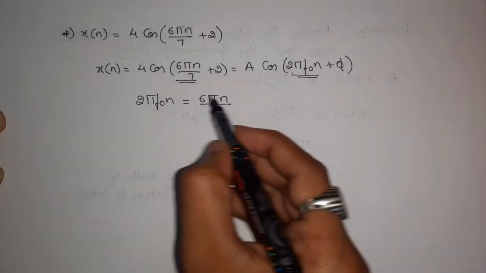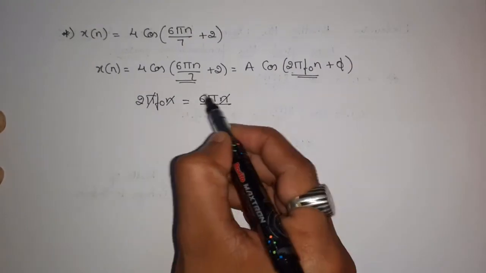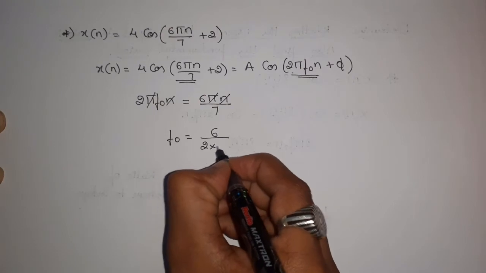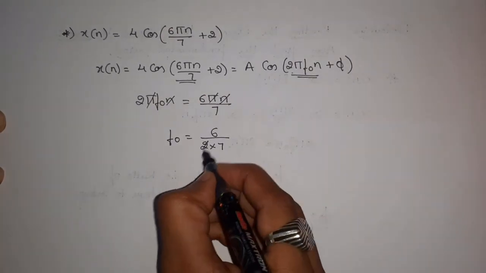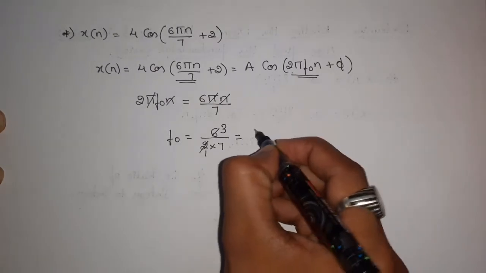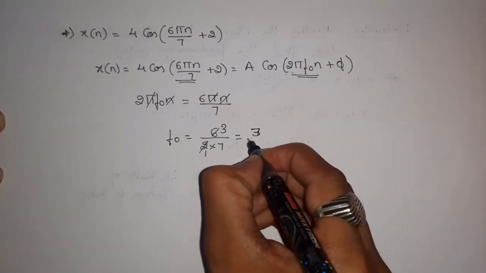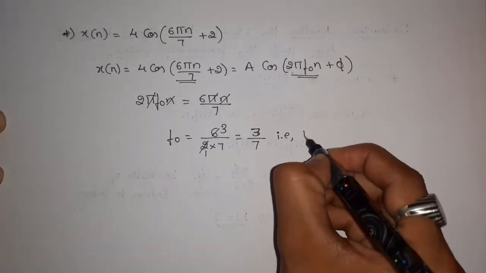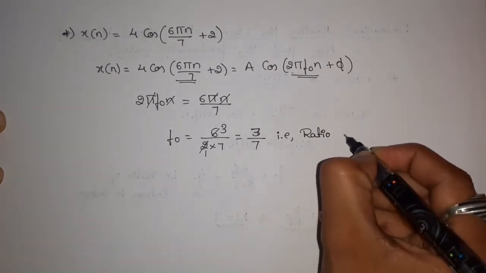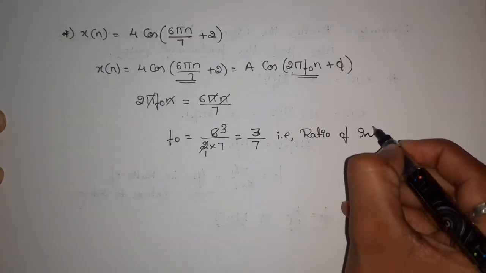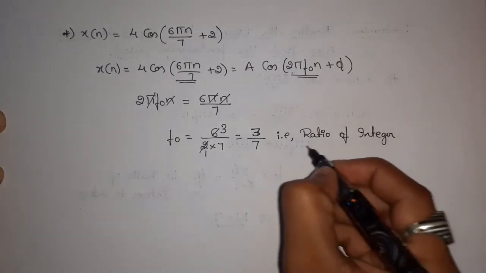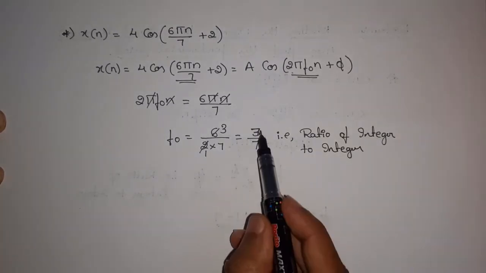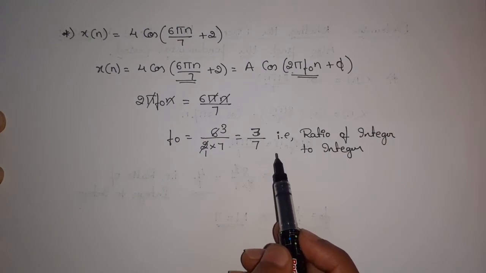Now n gets cancelled and pi gets cancelled. We'll be left with f naught is equal to 6 divided by 2 into 7. 2 threes are 6, so we'll be left with 3 by 7, that is a ratio of integer to integer. Hence the signal is periodic.